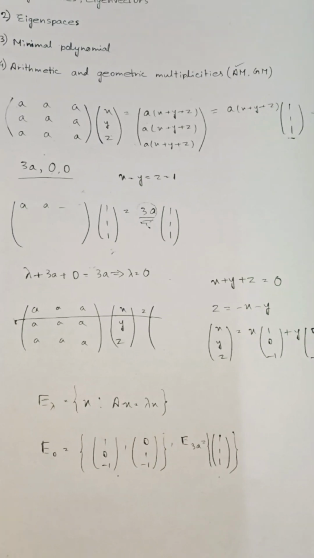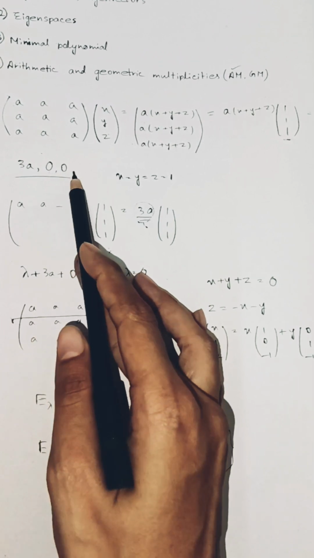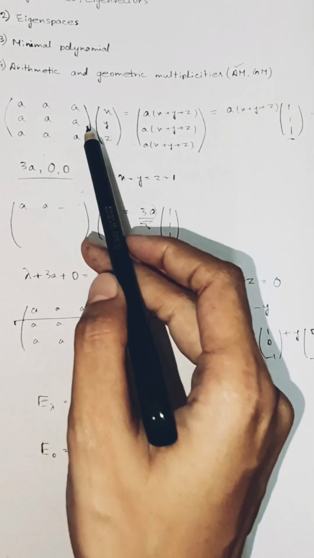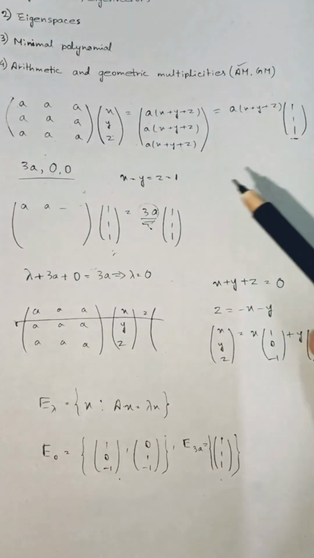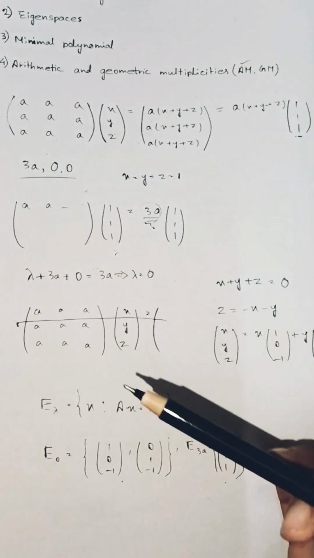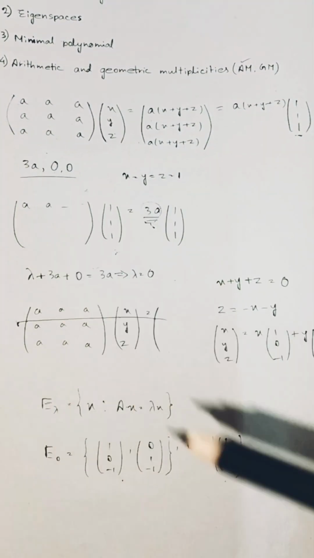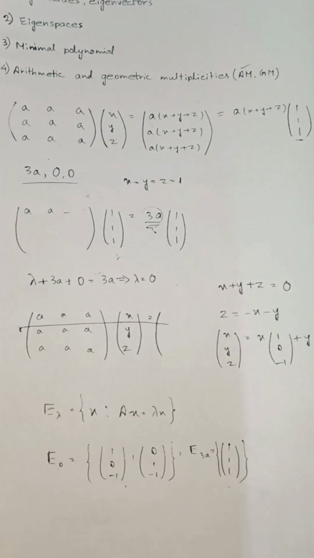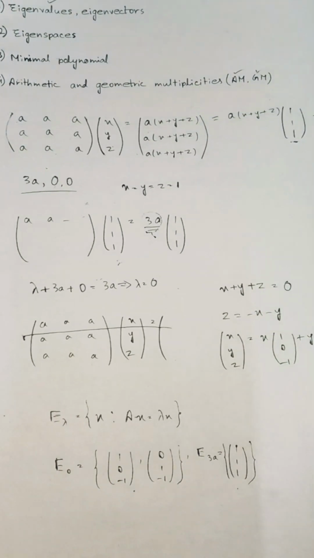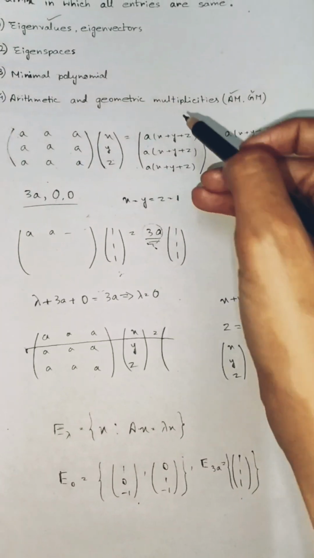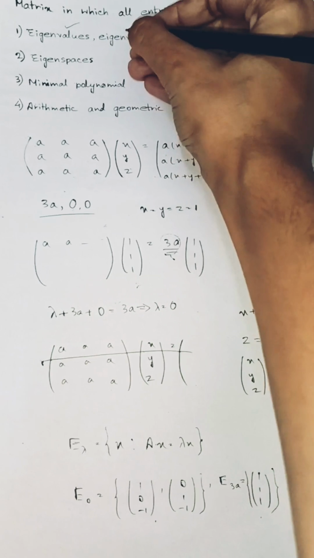And since we have already deduced that the AM of 0 is 2, and since this is diagonalizable because it is symmetric, GM of 0 will also be 2. And similarly, the GM of 3a will also be 1. Thus, we have found the GMs, and eigenvectors and eigenspaces also.